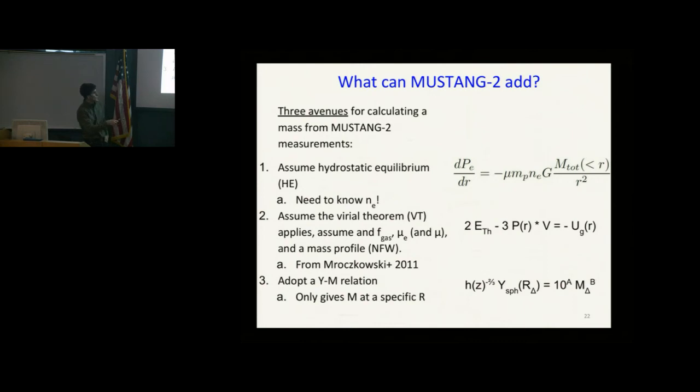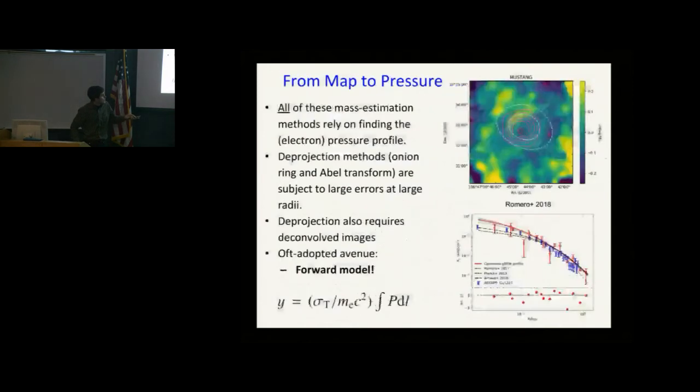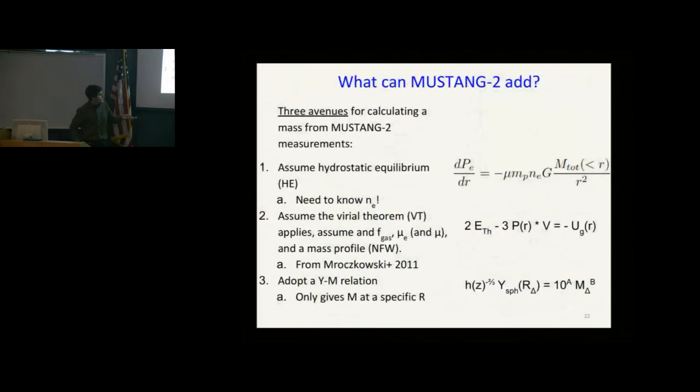Then a third way we can do it is using the Y-M relation itself. Basically just a double check on that. Does it give us a mass that we believe? Here's just roughly what it looks like. You constrain those two parameters, a slope and a normalization.